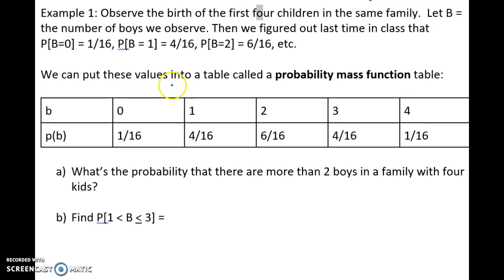Well, we can put these values into a table called the probability mass function table. And it would look like this. Probability of B. And notice I'm even using a different symbol here. Little b, because it's the values, are 0, 1, 2, 3, 4. Little p of b is the probability of getting that value, instead of this capital B with the brackets, right?